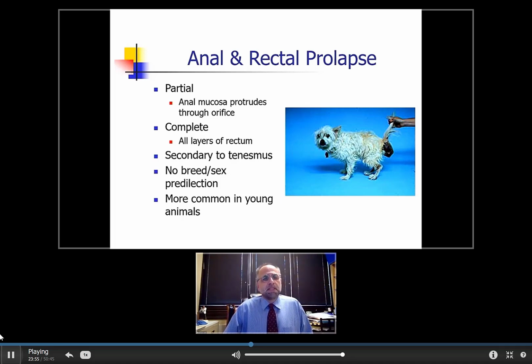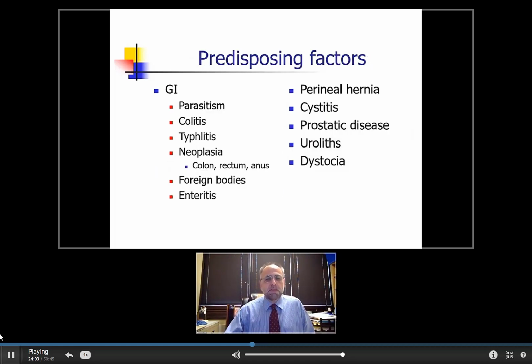But suffice to say that this is usually secondary to straining to defecate for one reason or another. Again, it's more common in young dogs. And the reason being is because there's oftentimes predisposing factors such as parasites.